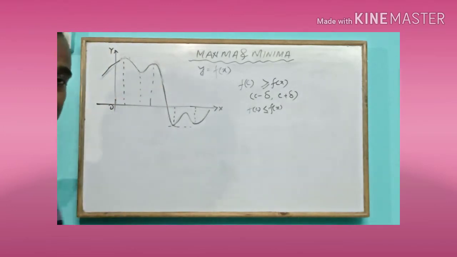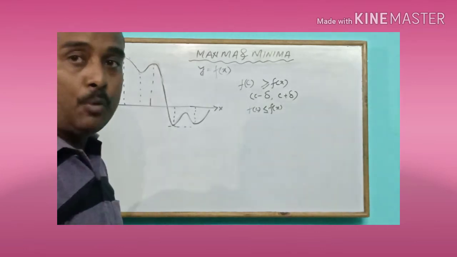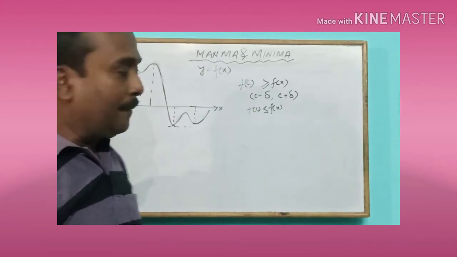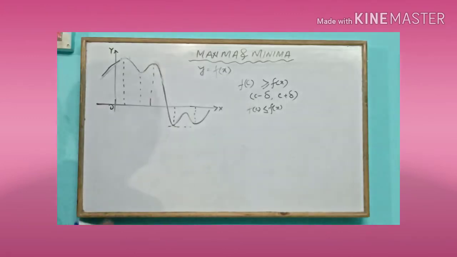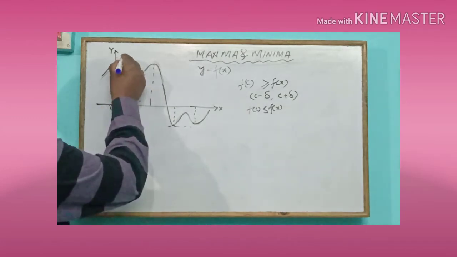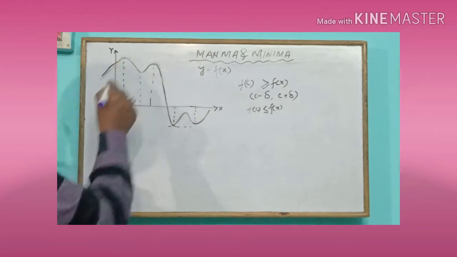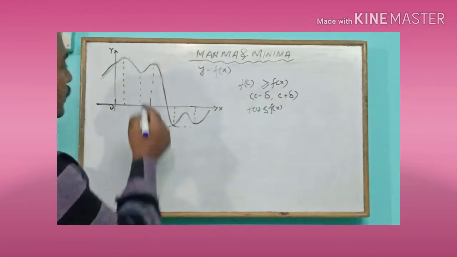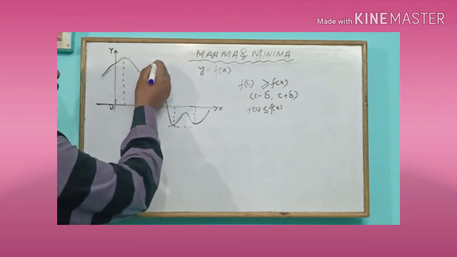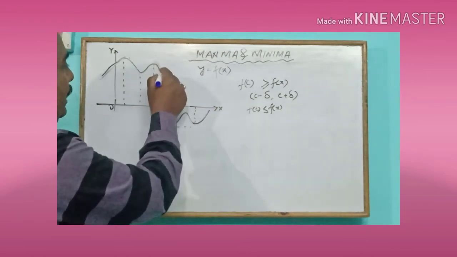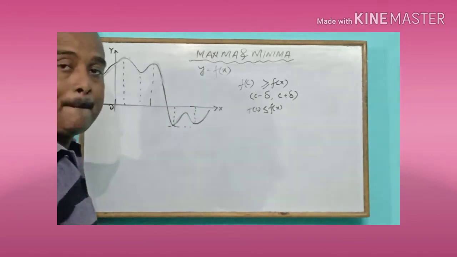Now, on the same run, let us understand the meaning of turning point or critical point. If I observe this graph, at this point the values of the function start changing. Even at this point it was decreasing, all of a sudden it starts increasing. Then again it starts decreasing, then again it is increasing.